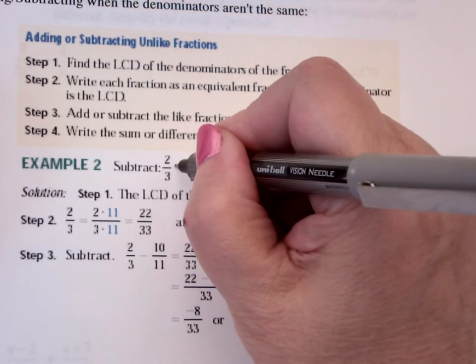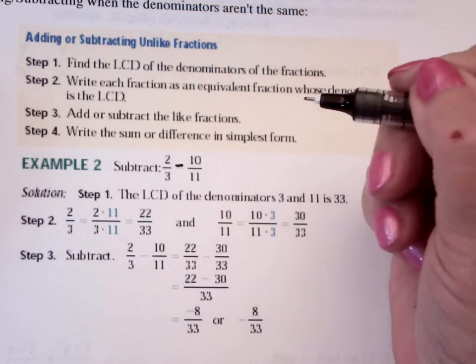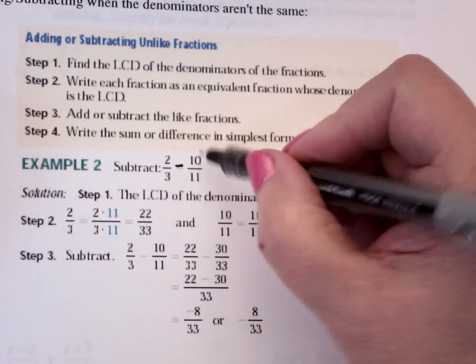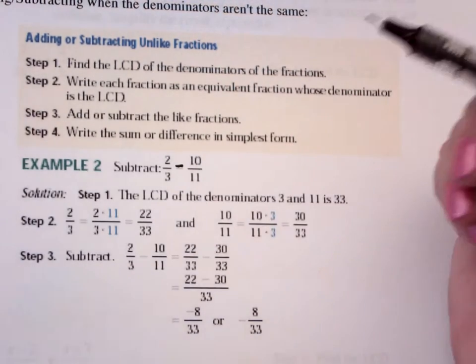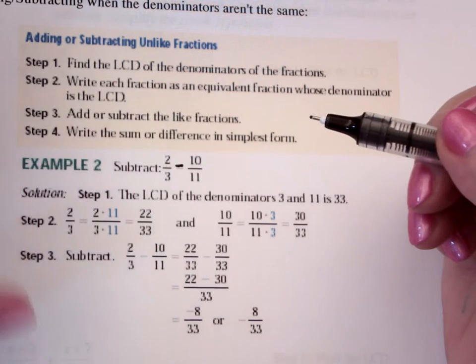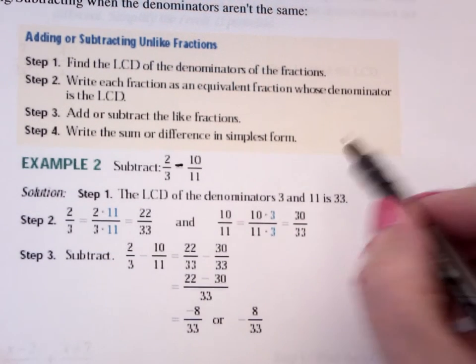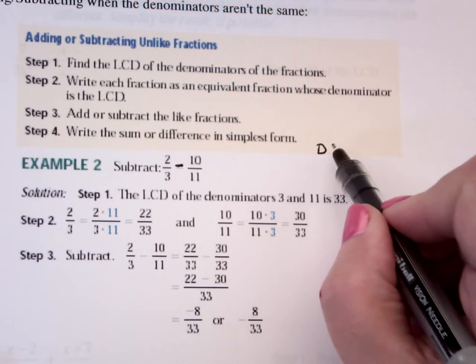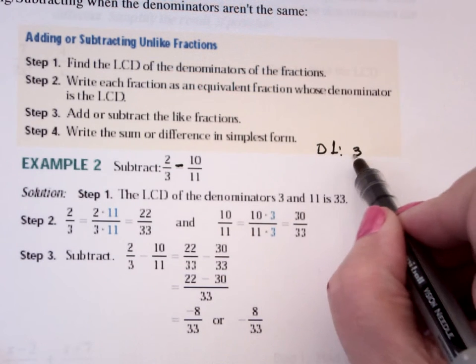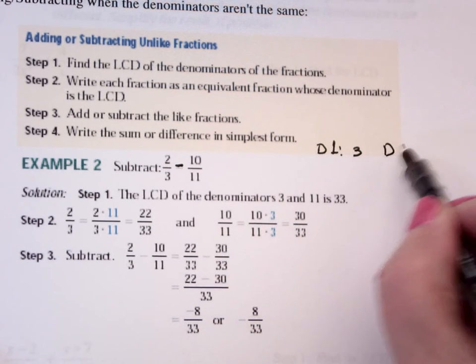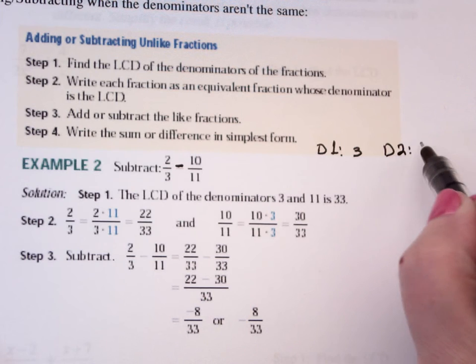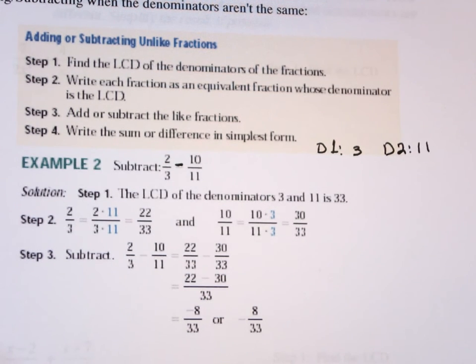If I wanted to subtract two-thirds and 10 over 11, the first thing I need to do is find the LCD, where denominator 1 is 3 and denominator 2 is 11.